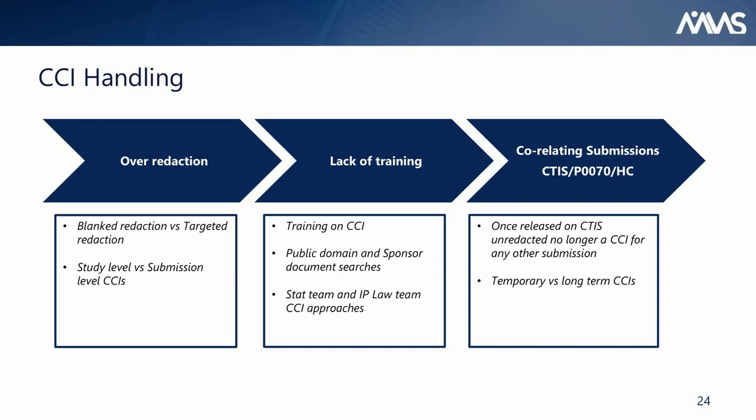And while that's understandable, the reality is that regulators expect targeted redaction of this information. Since this is being considered so early in the process, we have to really step back and ask ourselves what is critical to mask, not just at this moment in the very beginning, but what's going to be long-standing CCI after the completion of the trial.